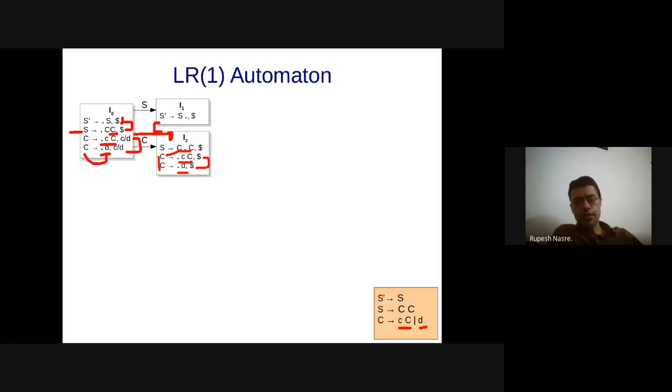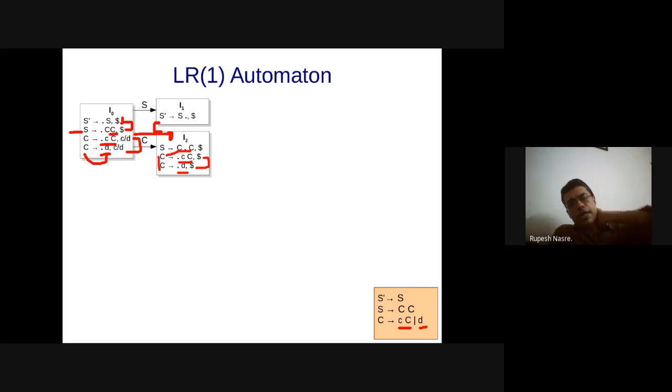The lookaheads are changing. Let's understand what it should be. This capital C we are talking about is the capital C from the previous item, C deriving c.C. So the non-kernel item is being derived from the C of the kernel item. If you reduce the C of the kernel item, what should be the lookahead? That should come from the kernel item itself rather than thinking about what the next input should be.